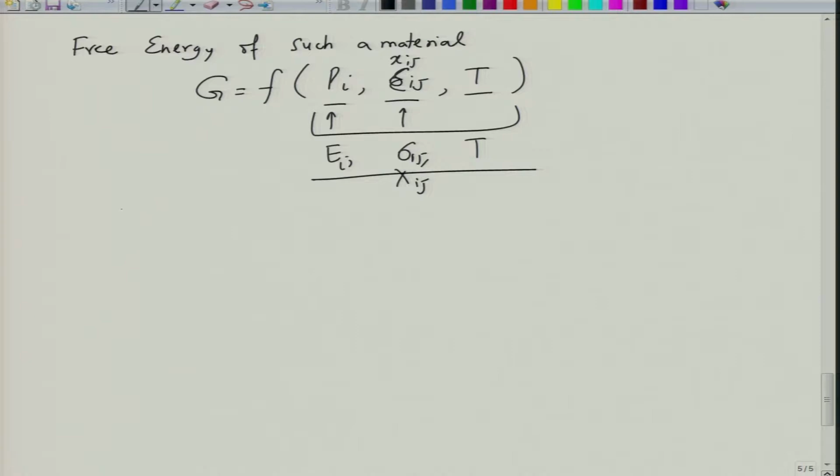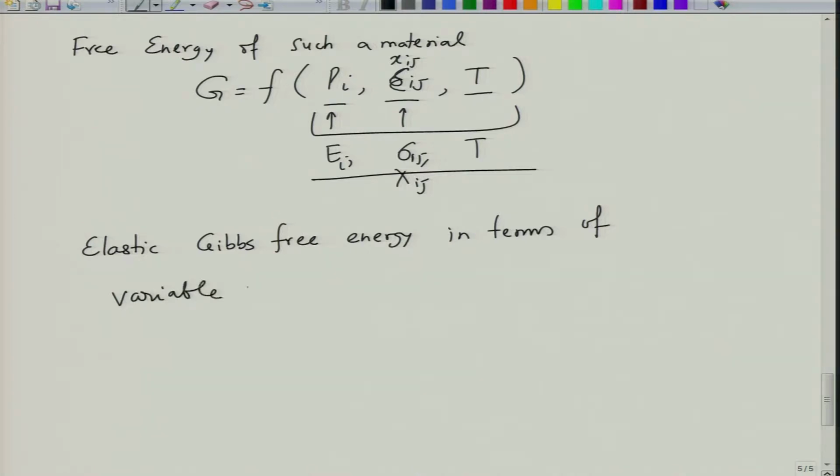So, let us say we write the elastic Gibbs free energy in terms of the variables temperature, stress, X and polarization.